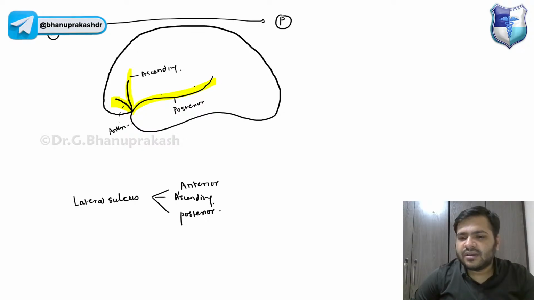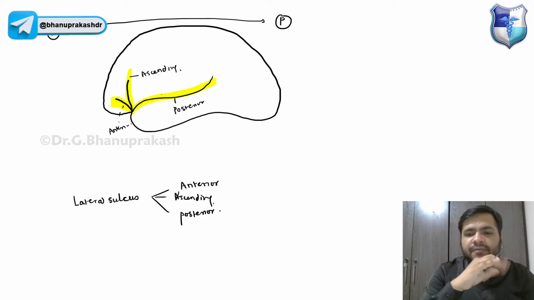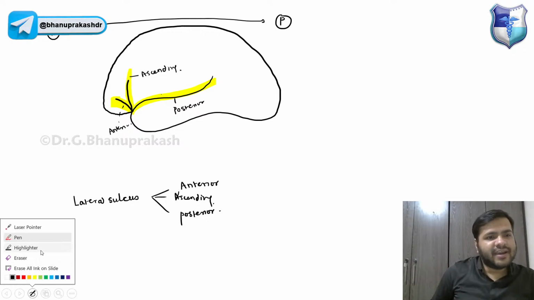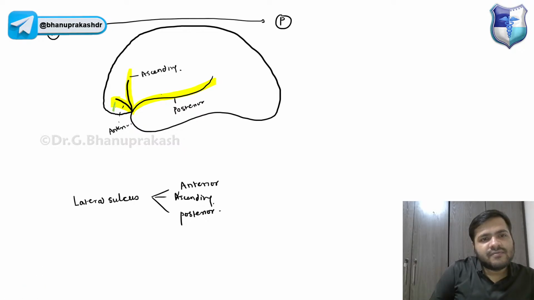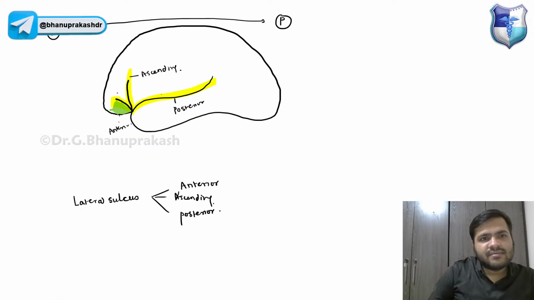Now guys, over here you just have to remember guys, we have an area. Now let us just try to highlight this as well. We have an area guys which is in front of this anterior part of the lateral sulcus, this area, right? We have an area in between guys. This is the area. Okay.